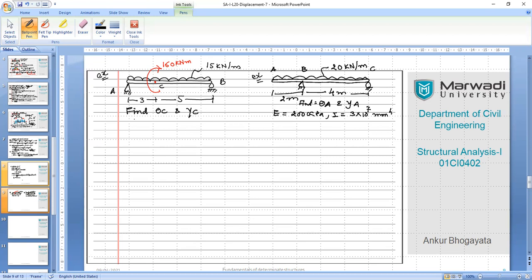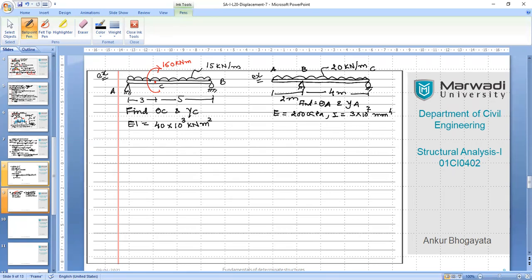And we have some supplied data like EI equals 40 into 10 raised to 3 kilonewton into meter square. Okay, so that is what is expected.